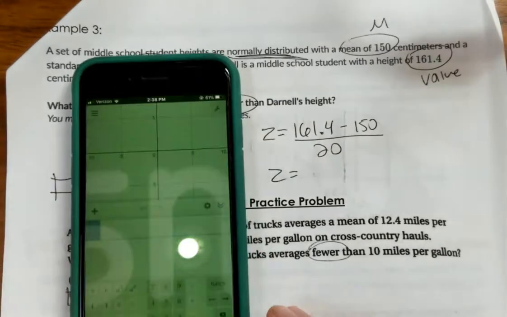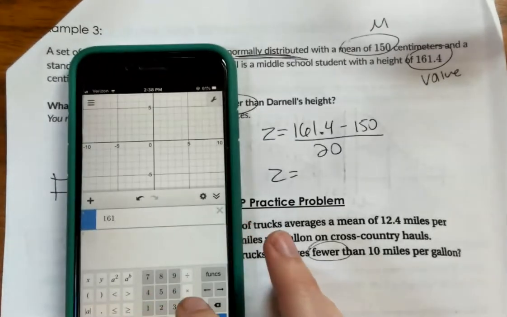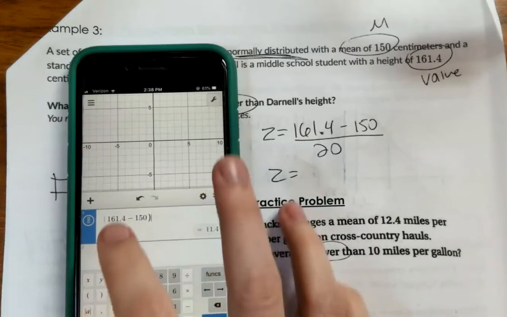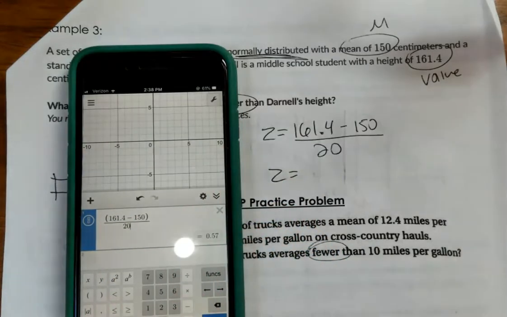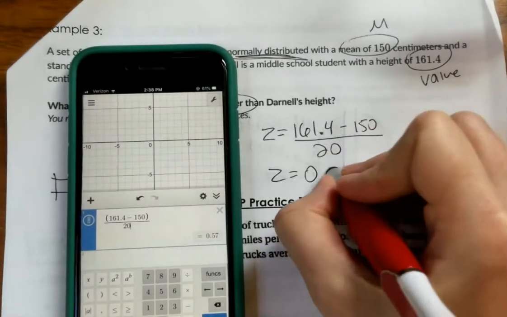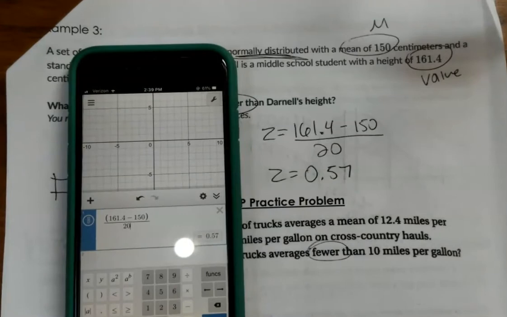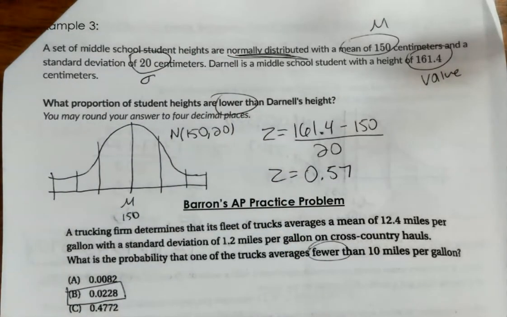Desmos: 161.4 minus 150 divided by 20. And I get a z-score of 0.57. So does that make sense? Z-scores are typically between -3 and 3, so yeah, a z-score of 0.57 makes sense.